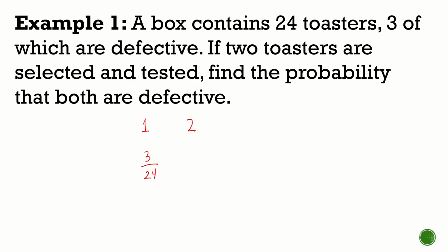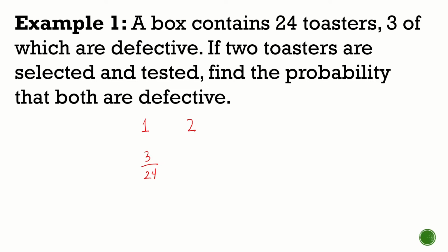That's the probability. And here, you don't see the word return, and also you don't see the words without returning. If that's the case, then you will consider this a case of dependent. That means you're not going to return the first toaster that you picked.